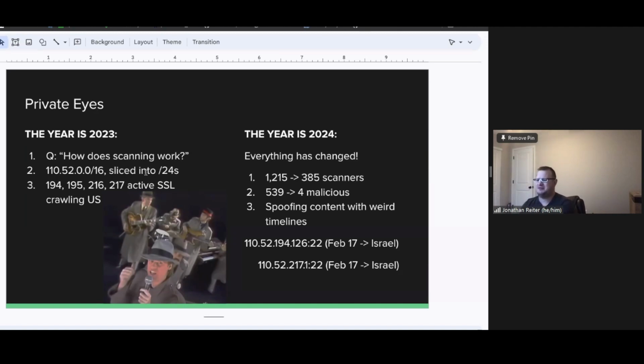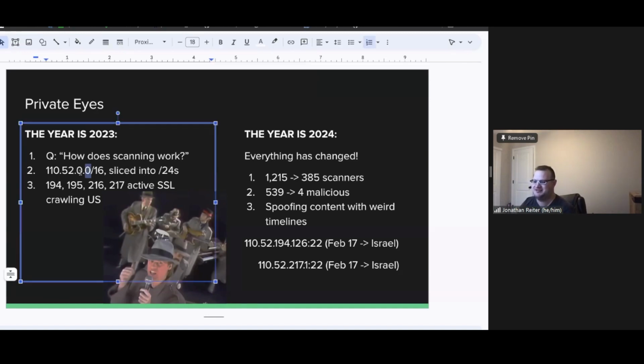With this initial research, I started with a /16, and I'll note the number of IPs associated with subnets because there's going to be a lot of subnet math here. 110.52.0.0/16 is basically 256 times 256 addresses. So to save math, that's around 65,536 hosts.